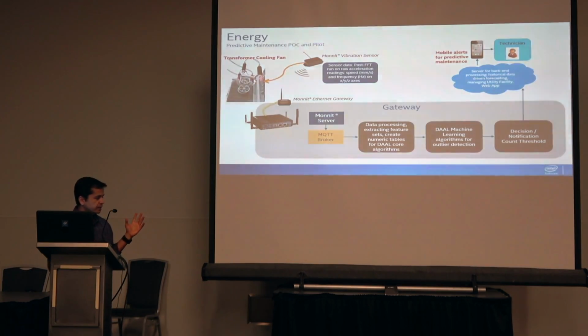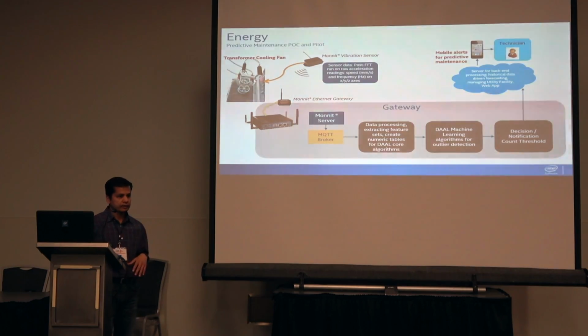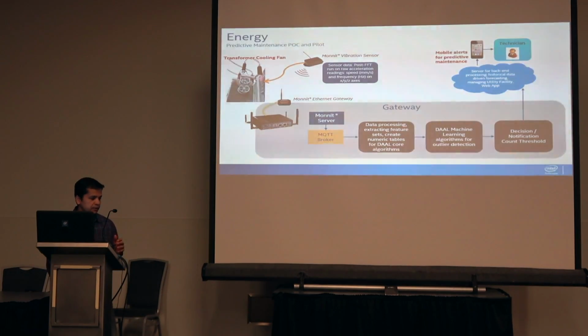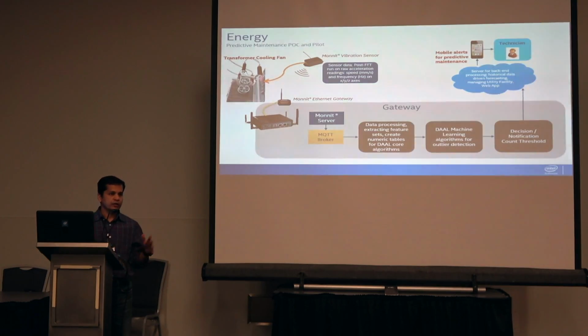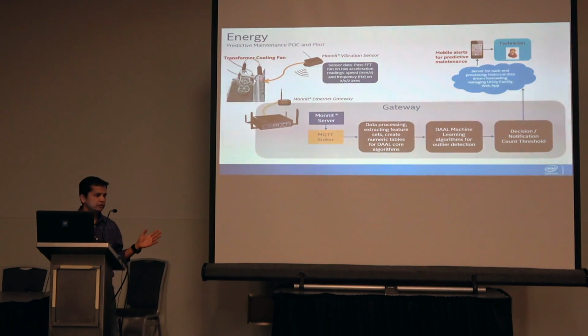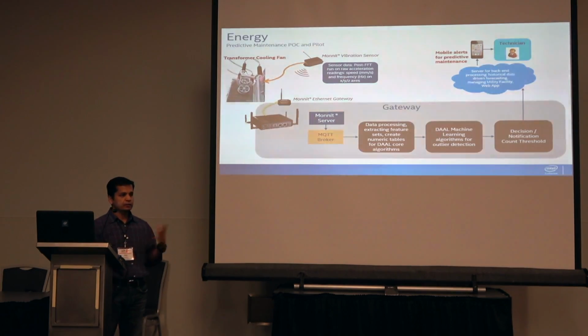This utility company has lots of transformers spread around, and each transformer has 8 to 12 cooling fans. What they do right now, to make it efficient, is they just replace the fans at a periodic time, like 3 years. Doesn't matter if they are bad or still working well.